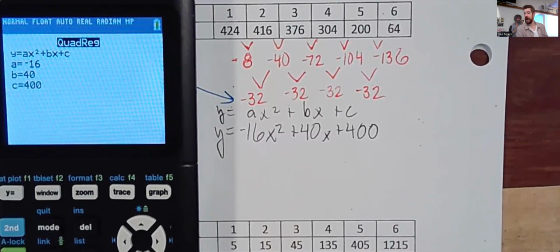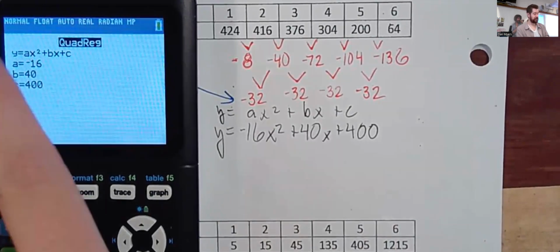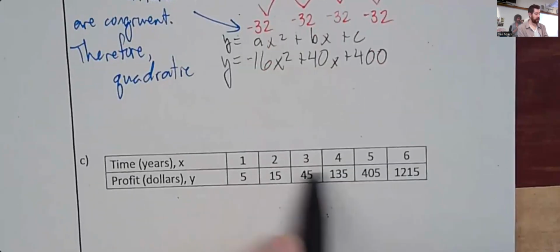All right. What if we look at the possibilities for problem C? So these are all going up by 1 again.